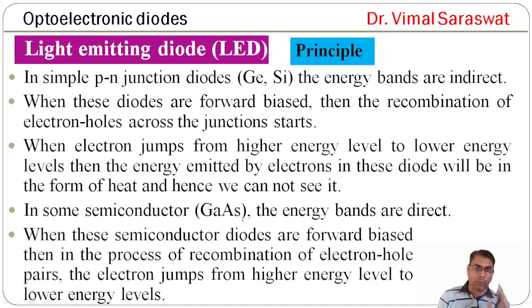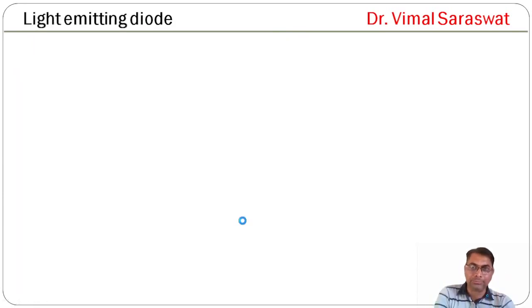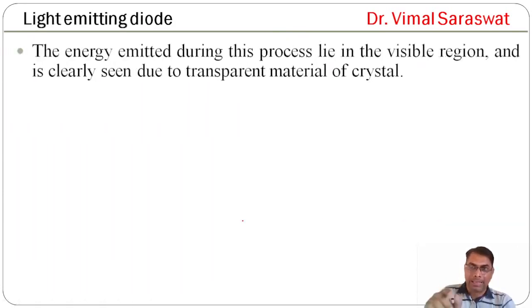In the process of recombination of electron hole pairs, the electron jumps from a higher energy level to a lower energy level, and the energy emitted in this case will lie in the visible region, so we can see it. The energy emitted during this process lies in the visible region and is clearly seen due to the transparent material of the crystal.